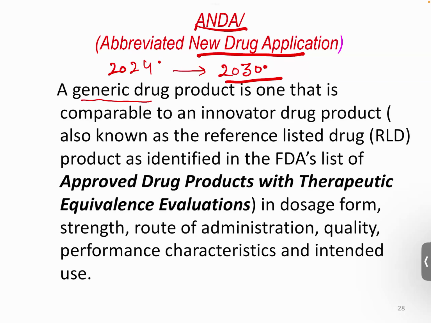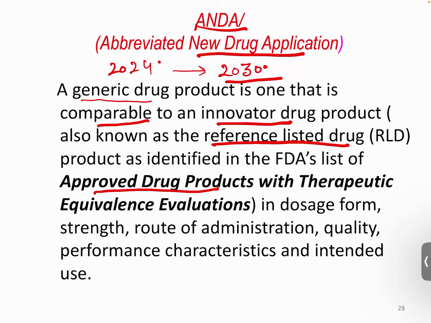So any company like our Cipla or Sun Pharma can also prepare generic products and sell them in the market. A generic drug product is one that is comparable to the innovator drug, also known as the reference listed drug. It should be approved, and it should have the same strength, dosage form, route of administration, quality, performance, and characteristics.